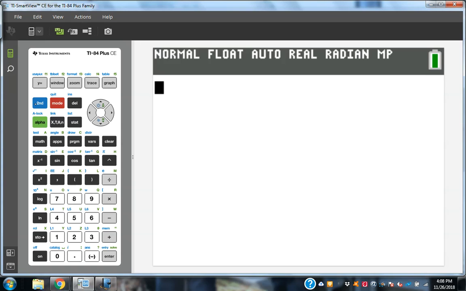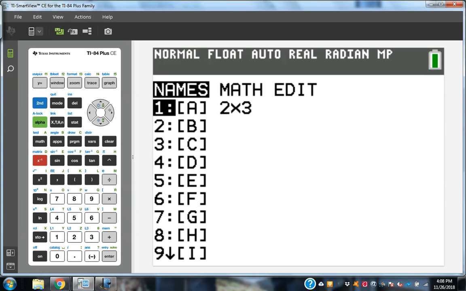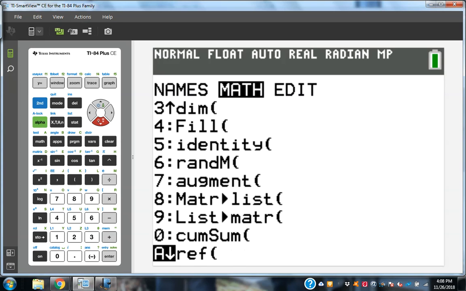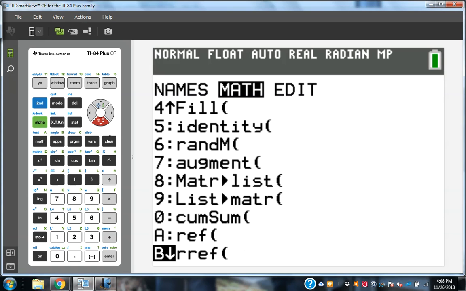And then you're going to go back to the matrix menu and go over to math. And then you're going to scroll until you find the RREF option. RREF is the one you want. REF will reduce it part of the way. Reduced row, the double R there, is the one you want to get you the answer. So we're going to use that one.